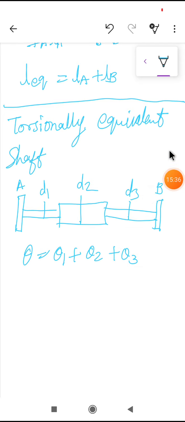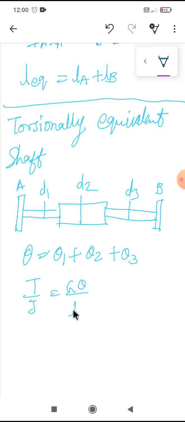Now we will use the formula T by J is equal to G theta by L. In this I will make theta the subject, so theta will be equal to TL by GJ. If I use this equation here, we have to see which terms will change and which will not.